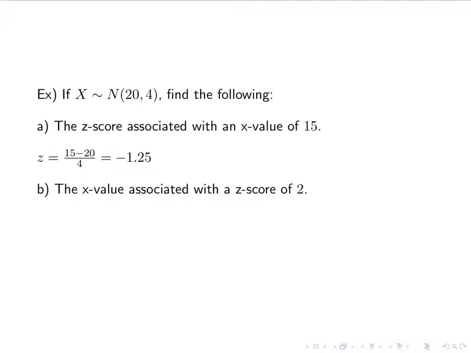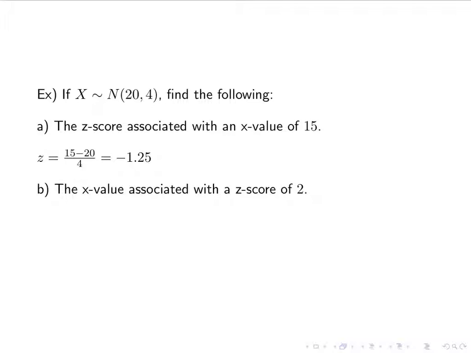What if I want to go backwards? What if I want to find the x value associated with a z-score of 2? Okay, so if you're within 2 standard deviations, you're considered a usual value. Remember, going back to the empirical rule, that was 95%. So 95% of values are within 2 standard deviations. So we want to know what is that value that's associated with a z-score of 2.